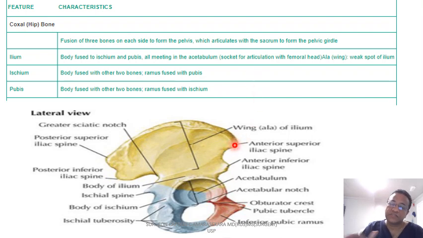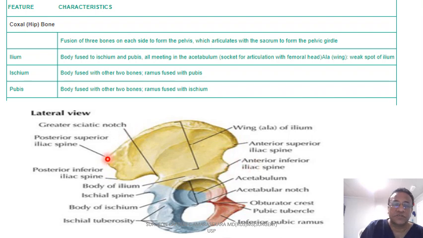As there is an anterior superior iliac spine, there should be a posterior superior iliac spine. This is your posterior superior iliac spine, and as there is a superior spine, there should be an inferior spine. Here you can see the posterior inferior iliac spine, and this is your anterior inferior iliac spine.